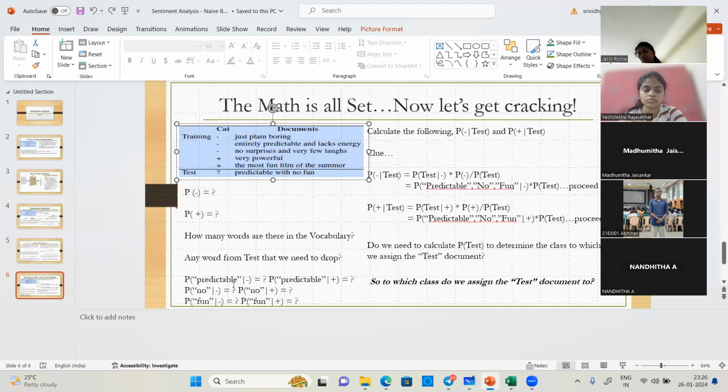My question is, if the same word occurs multiple times, would you count it as 1 or would you take the entire count?